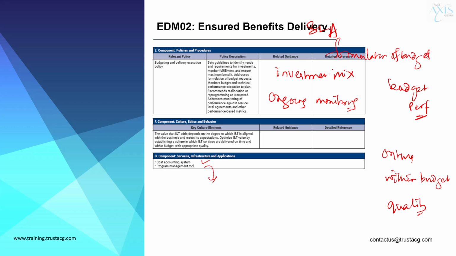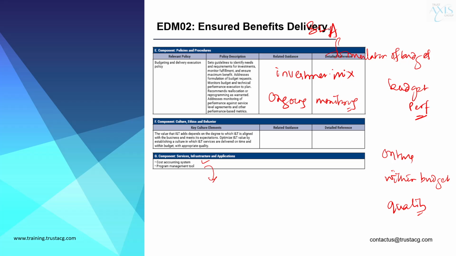And you can also invest in a program management tool which can provide visibility into the project performance, timelines, budgets, and milestones, enabling continuous tracking of benefits delivery and alignment with the strategic objectives. Now, together, these tools will provide the data foundation that is needed to measure and optimize the delivery across the portfolio.